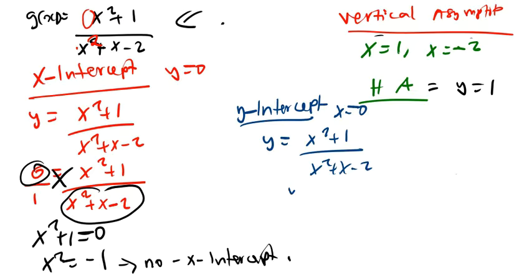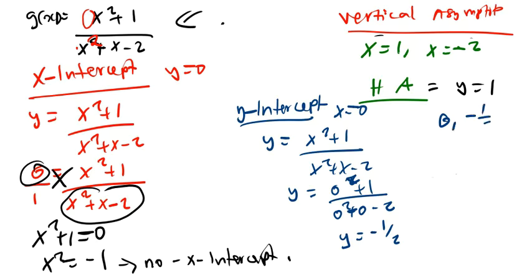Now replace x with 0: 0 squared plus 1 over 0 squared plus 0 minus 2. So y will be equal to 1 divided by -2, that is -1/2. So the y-intercept is when x is 0, y is -1/2. This is the y-intercept.